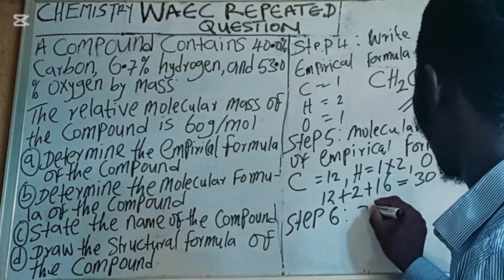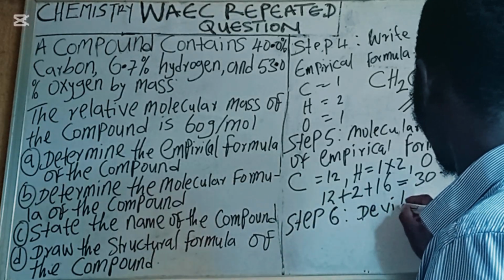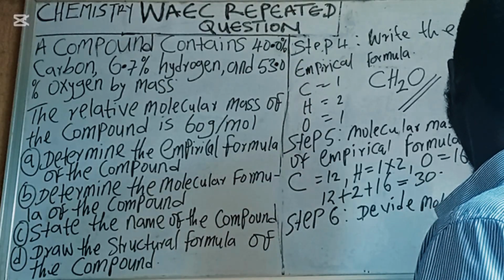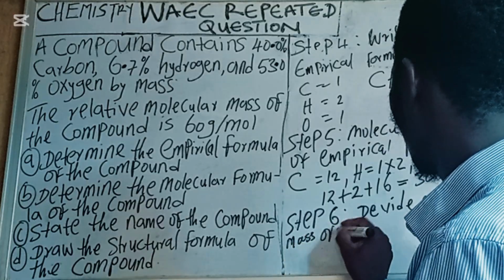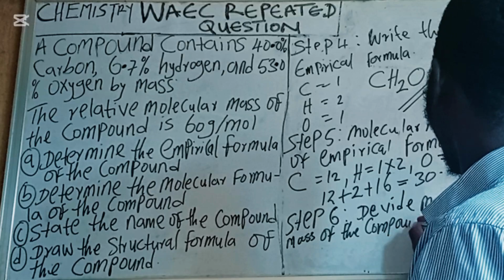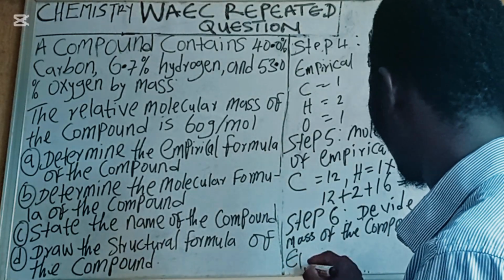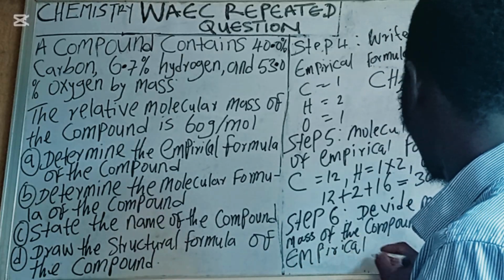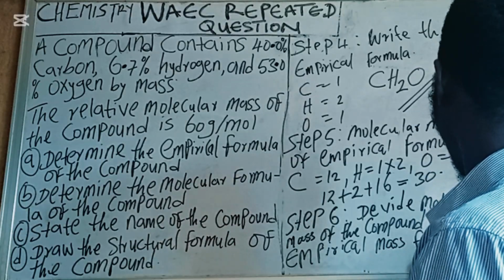So divide the molecular mass of the compound by the empirical formula mass.